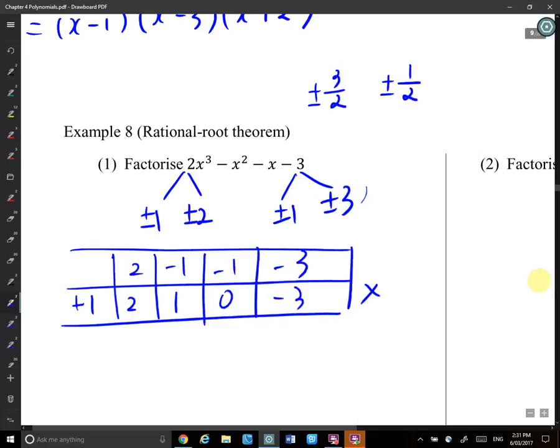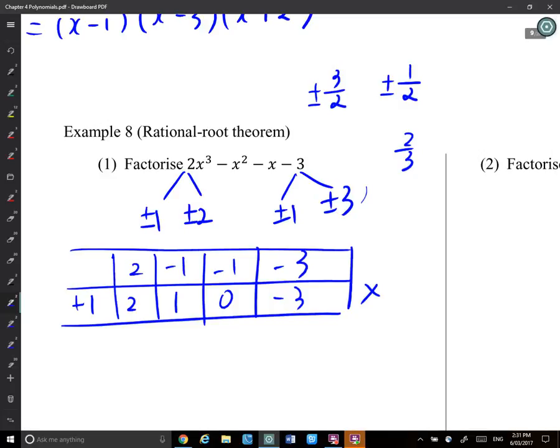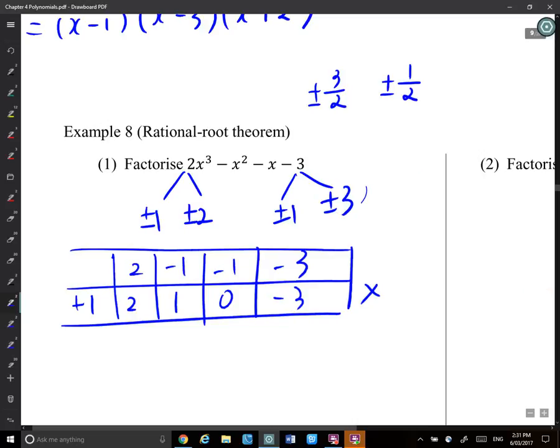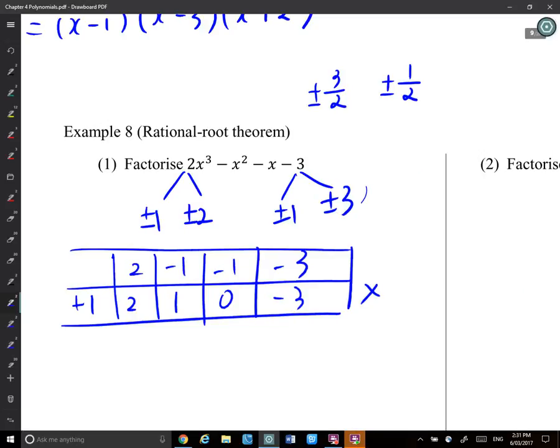You will not do plus minus 3 over 1. That's still 3. And you are not going to do 2 on 3. It must be the constant factor over the leading coefficient factor, so it must be the back one over the front one. And that gives you 3 on 2 and 1 on 2. You create another 4 possibilities.